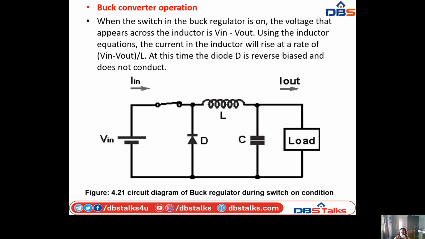Why is it reverse biased? The P terminal is connected to the negative side and the N terminal is connected to the positive side. So the diode is in reverse bias, no current flows through it, and the diode does not conduct.